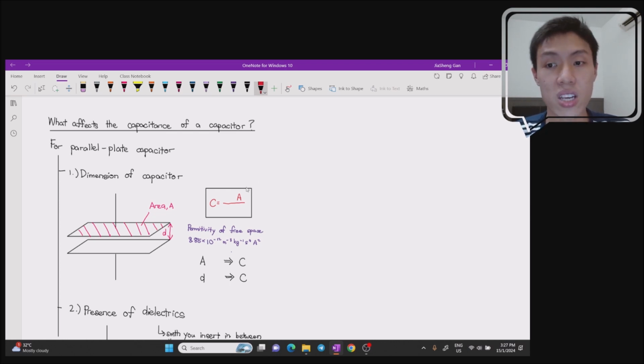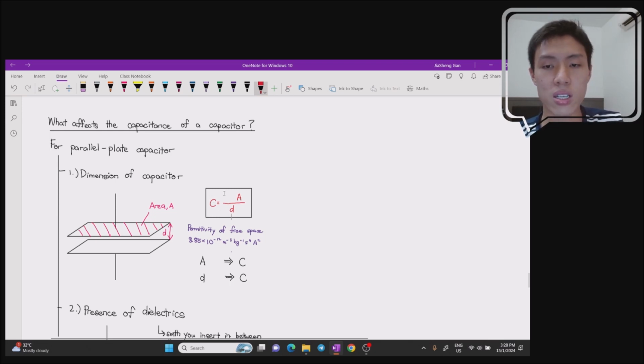So larger area, larger capacitance. But the distance between the capacitor plates is inversely proportional to the capacitance. So if you make the plates further apart, by increasing the D, you make the capacitance weaker.